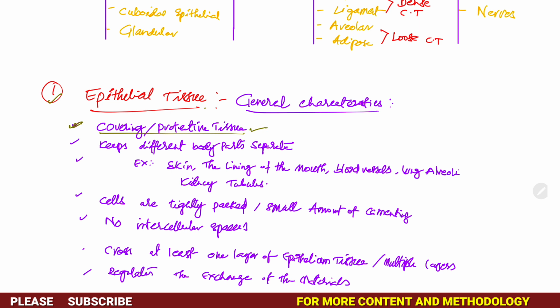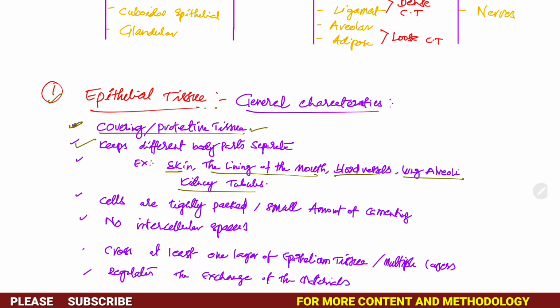Epithelial tissue covers most organs and cavities within the body. It also forms a barrier to keep different body systems separate. For example, the skin, the lining of the mouth, blood vessels, lung alveoli and kidney tubules are made up of epithelial tissue.